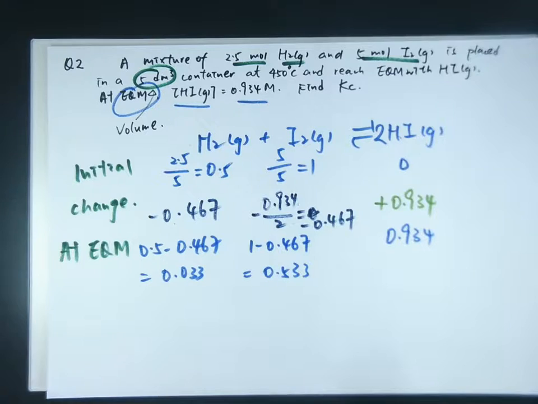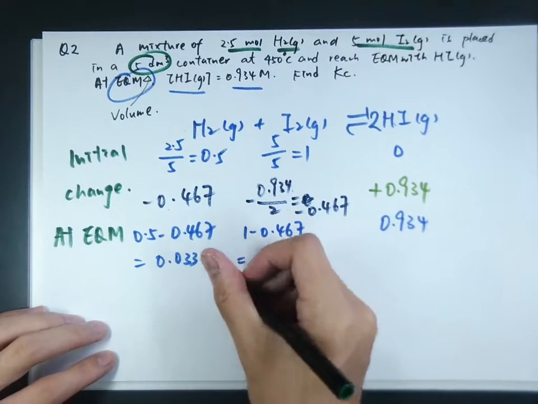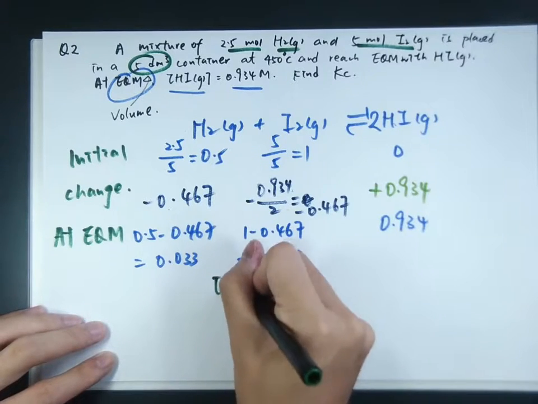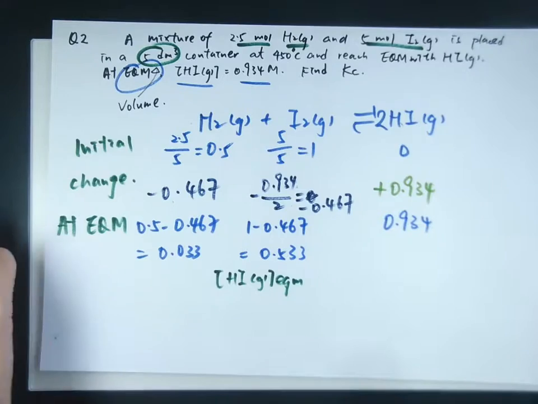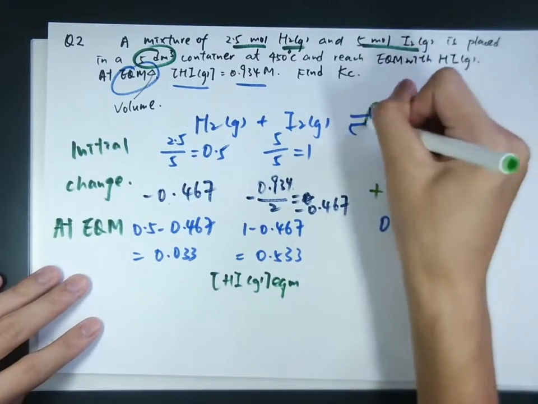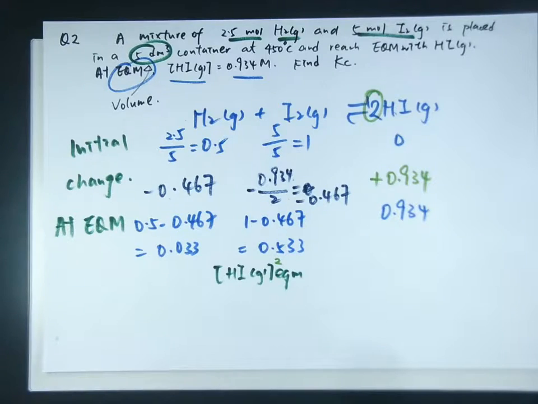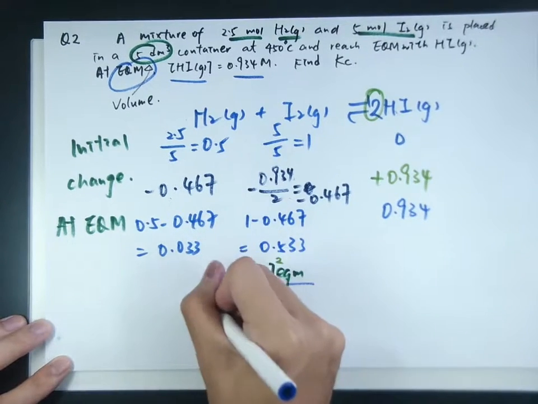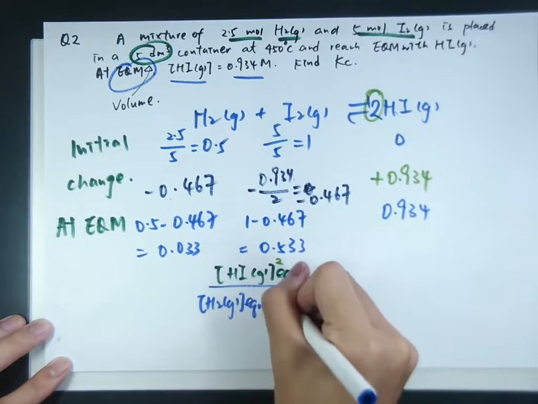So first step again, we need to put down the equilibrium expression. It is HI. Okay, now please remember this is 2, so we have a square over there, over H2 EQM and I2 EQM.